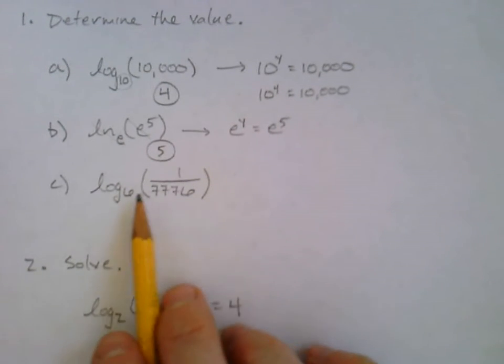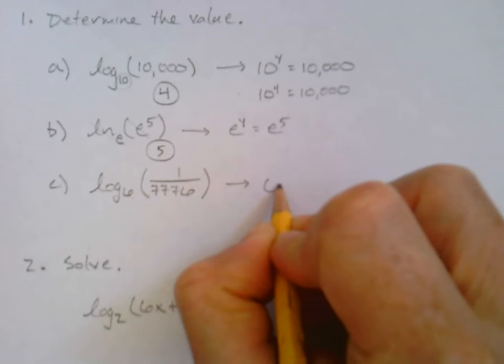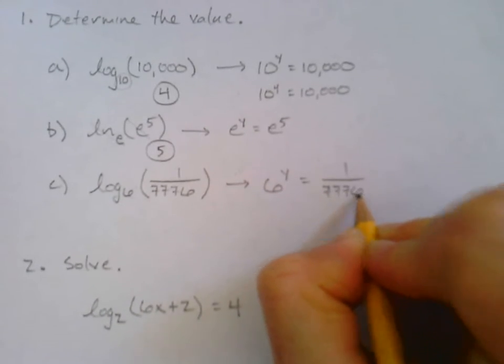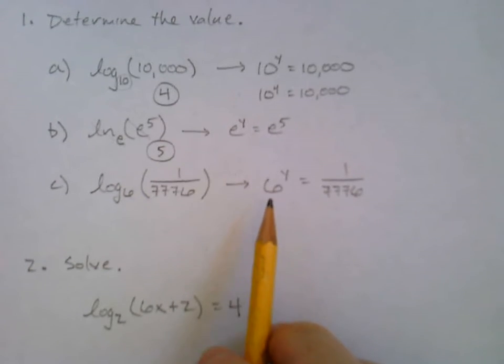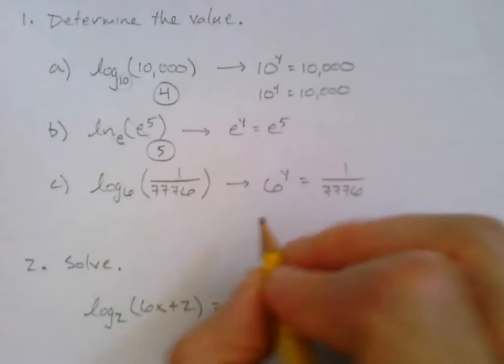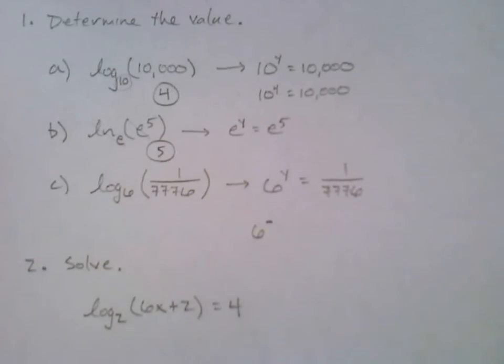Okay, part C. This one maybe a little bit more thought. We're going to think 6 raised to the what gives me the 1 over 7,776. So think it out. There's going to be some guessing and checking here, but one thing I do know, there's a reciprocal that happened, right? The 1 over. So I at least know it's negative. And then 7,776.